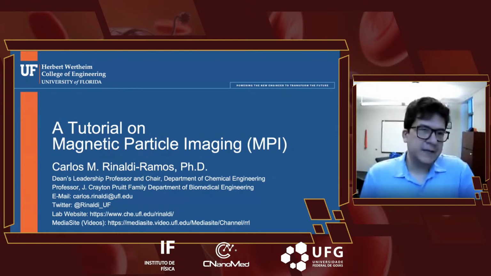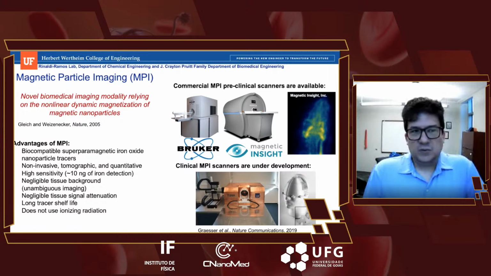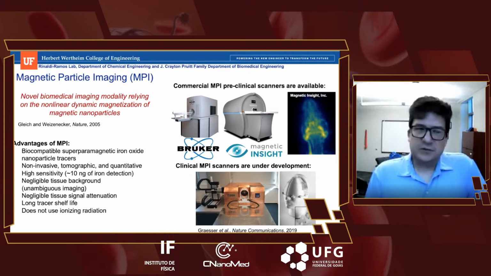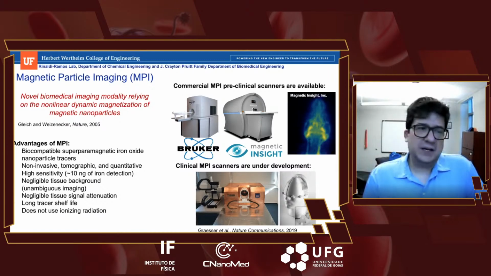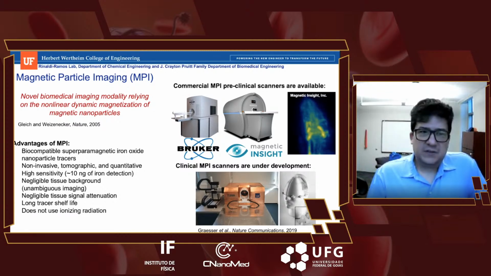So again, MPI, magnetic particle imaging, is a new imaging modality that relies on the nonlinear dynamic magnetization of magnetic nanoparticles. And the advantage here is that the tracer is a biocompatible and biodegradable, typically superparamagnetic iron oxide nanoparticle. The imaging modality is non-invasive, it's tomographic, and it's quantitative.